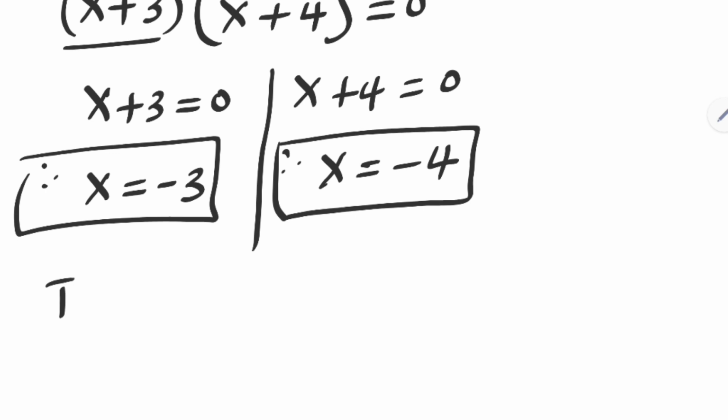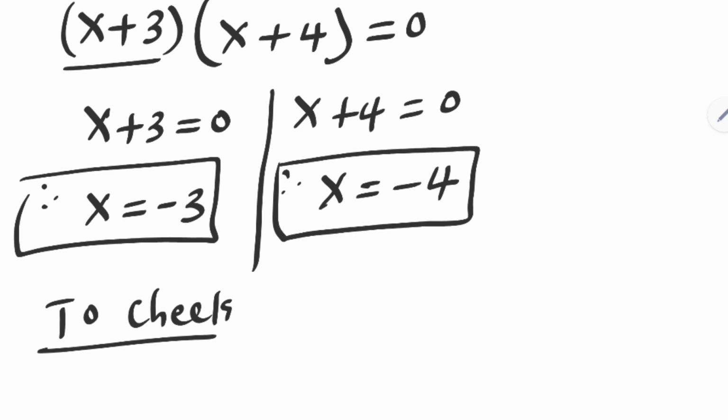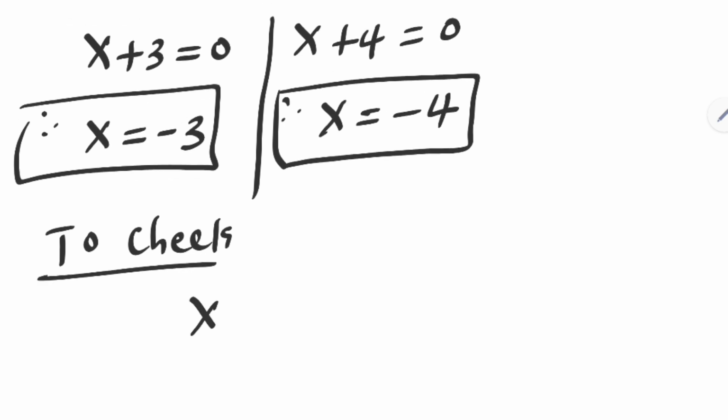To check, the given equation is x squared plus 7x plus 12 is equal to 0.